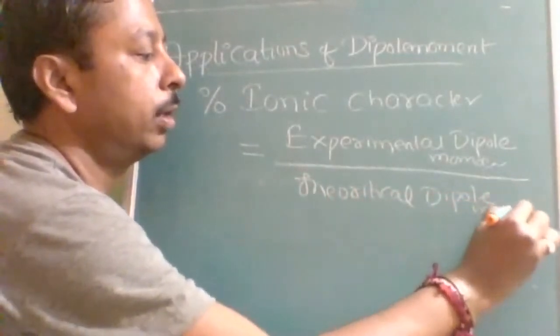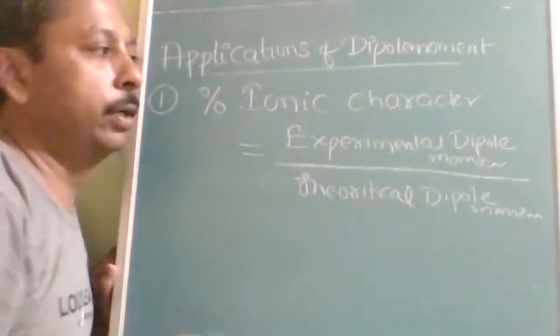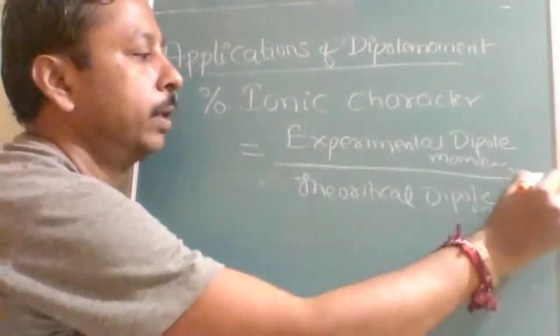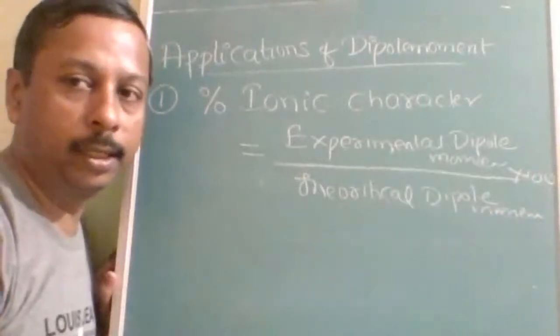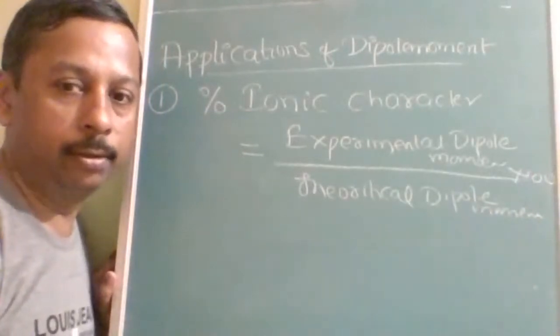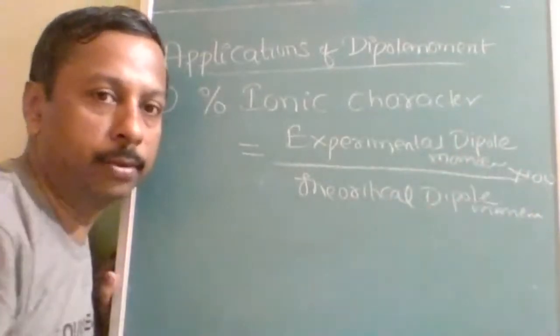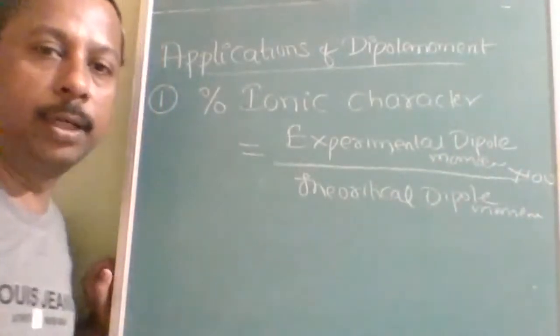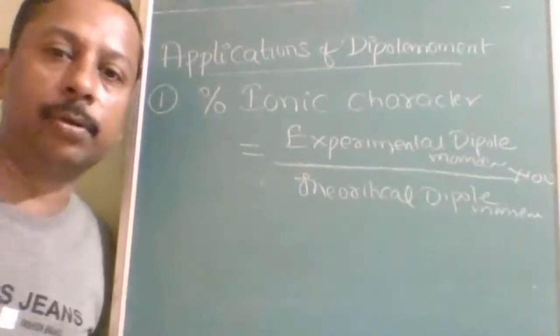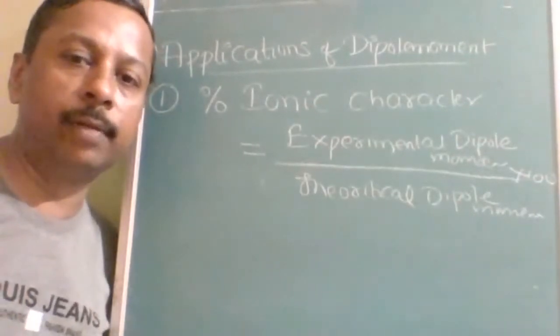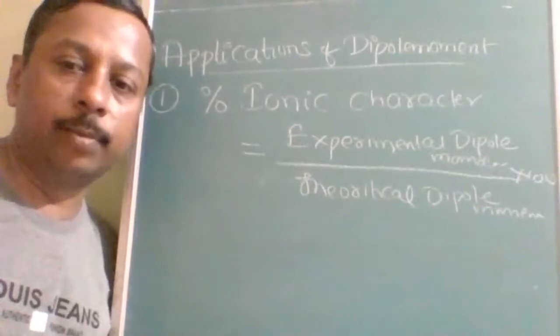That ratio is called the percentage ionic character. If you want a percentage, multiply it by 100. If you only want the ratio, the 100 will not be there. So note down this formula: percentage ionic character is equal to experimental dipole moment divided by theoretical dipole moment.